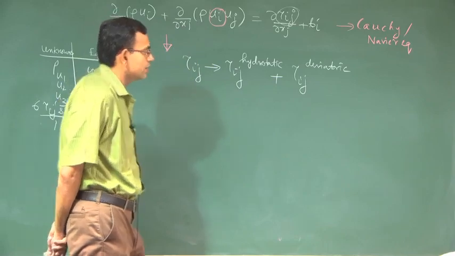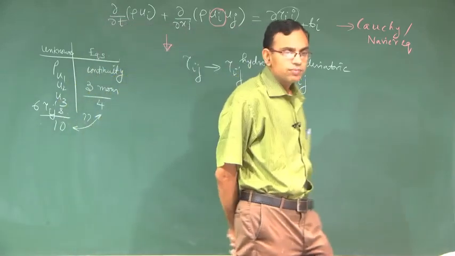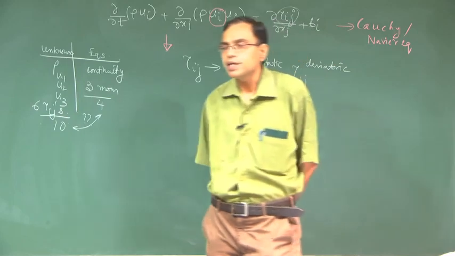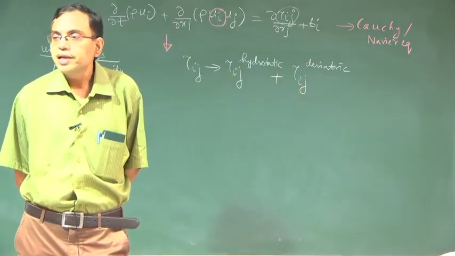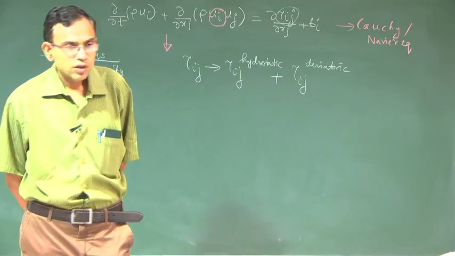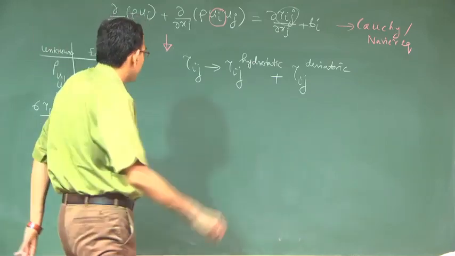Now, tau ij deviatoric, it depends on what? If the fluid is in motion, its stress should depend on the rate of deformation.